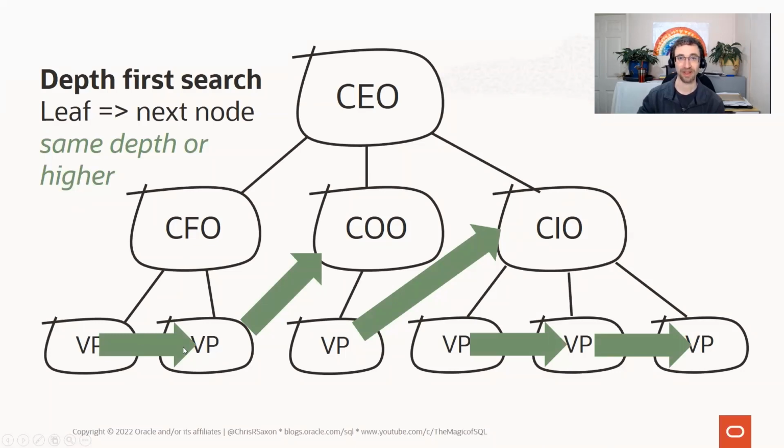They're both at level 3. We know CFO is not a leaf because the next one after it, using depth first, going down, will be one of these 2 VPs, and they are at level 3. So this is depth 2, that's depth 3. We're going further down, therefore it is not a leaf.